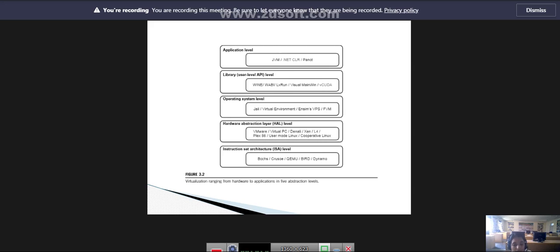Operating system level virtualization provides a feasible solution for these hardware level virtualization issues. It inserts a virtualization layer inside an operating system to partition a machine's physical resources, enabling multiple virtual machines within a single operating system kernel. This kind of virtual machine is called a virtual execution environment.